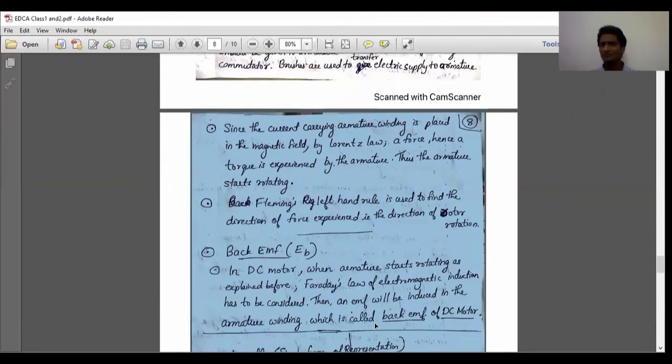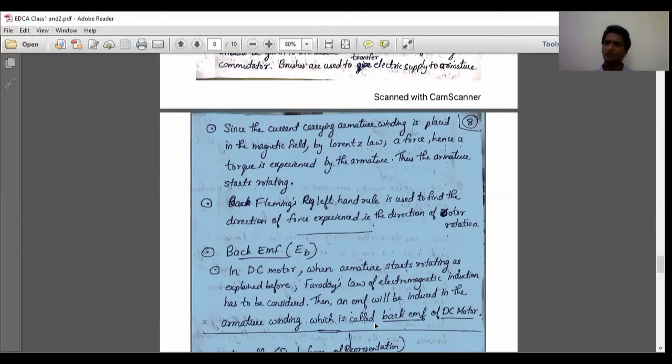And there is a small topic called back EMF. What's that? As I said before, a torque is experienced on the armature, and the armature starts rotating. Where is this armature located? Now it is placed in a magnetic field.